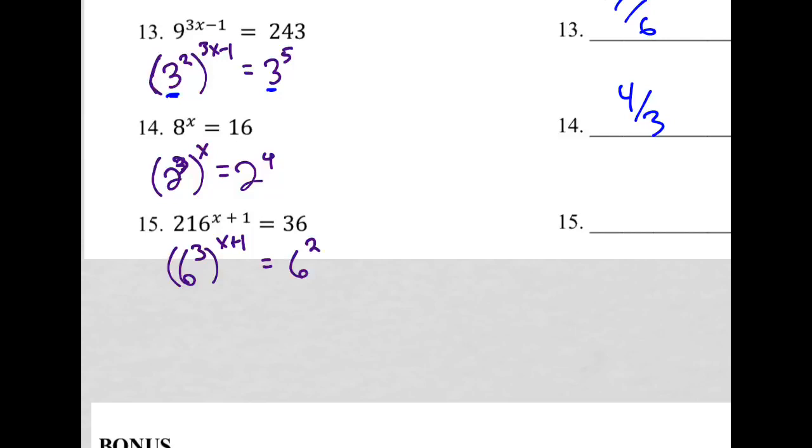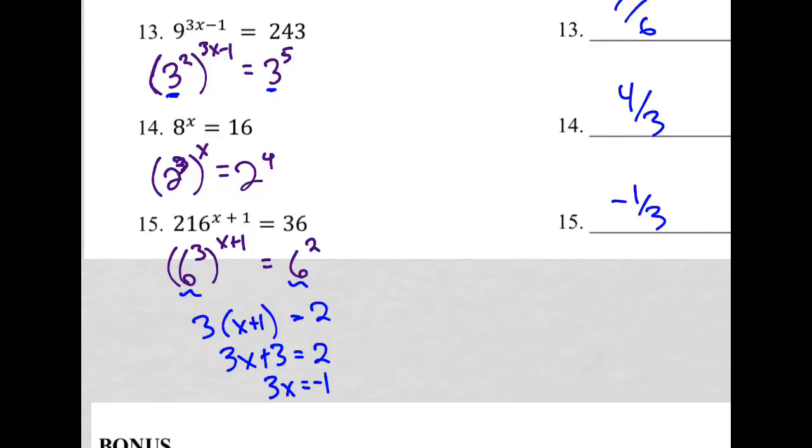Okay, so bases are the same. Exponents are the equation now. So 3 times the x plus 1 equals 2. Distribution. And then solve the equation. And x would equal -1/3.